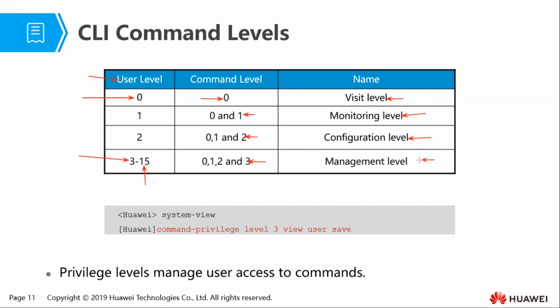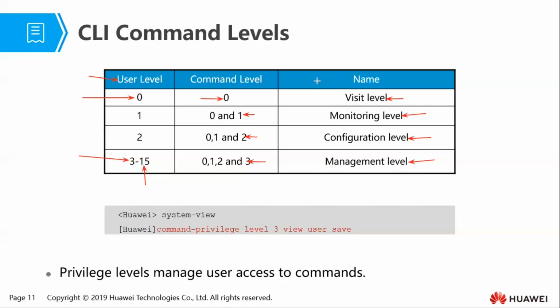And the last level here is the management level. You can do all the other things and also manage your switch. Managing means creating accounts, setting different user levels, and so on and so forth. So that's the management level.